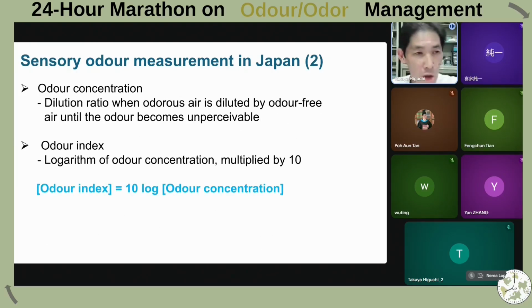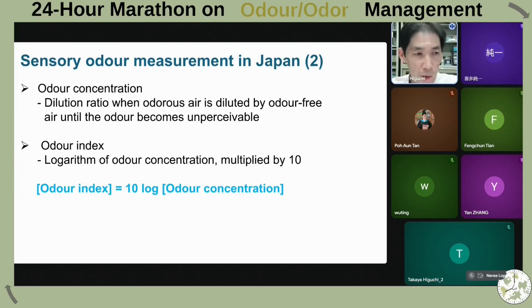And the odor concentration is also commonly used all over the world. This measurement is done by diluting the odor. Odor concentration is the dilution ratio when odor is diluted by odor-free air until the odor becomes unperceivable.